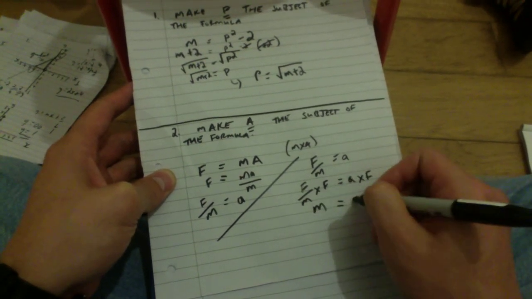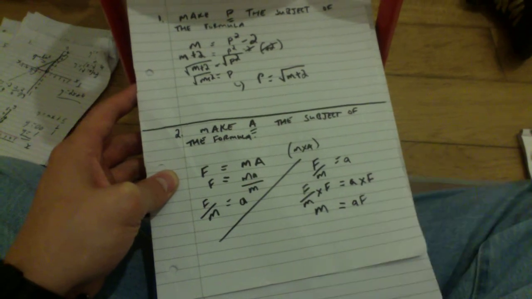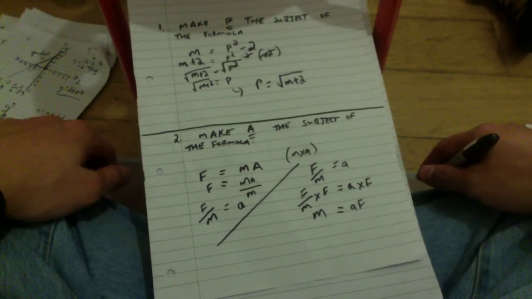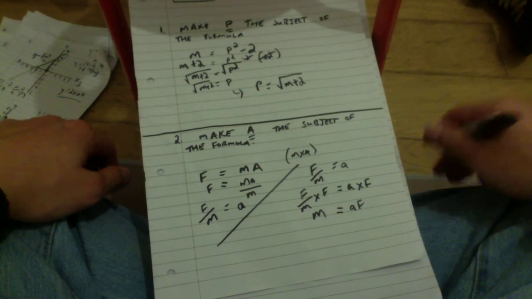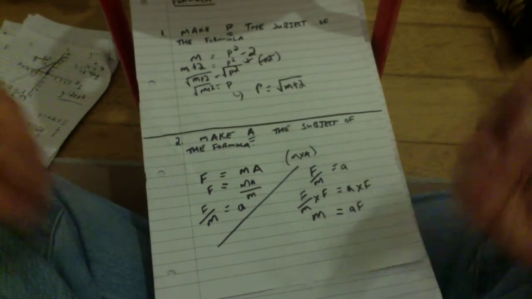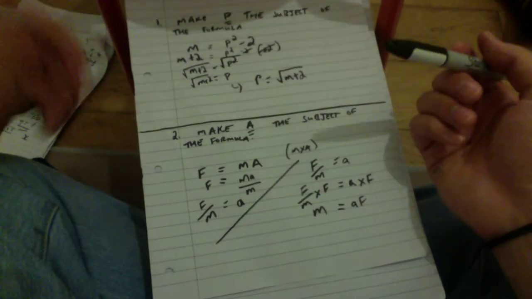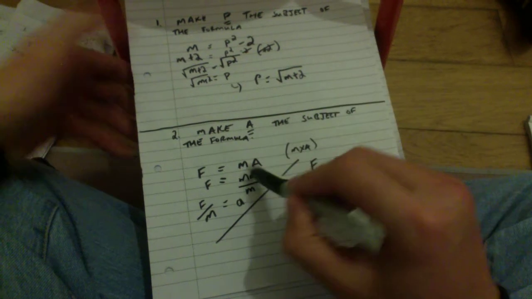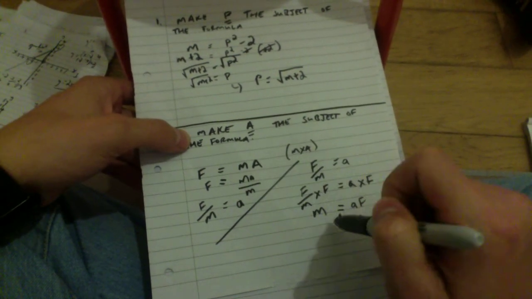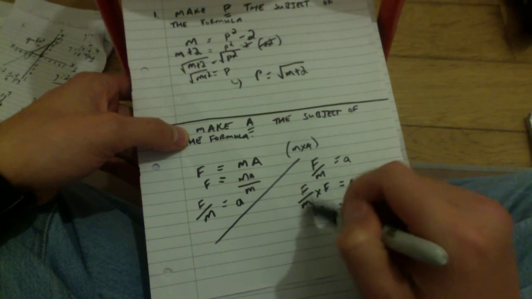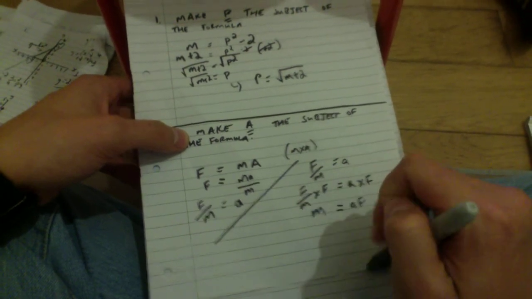M equals A times F. It's just about getting used to rearranging formulas, learning these patterns. To break up something which is times, you need to divide by it. And if something's in a fraction, the way to get that out of it is by timesing it out as well.